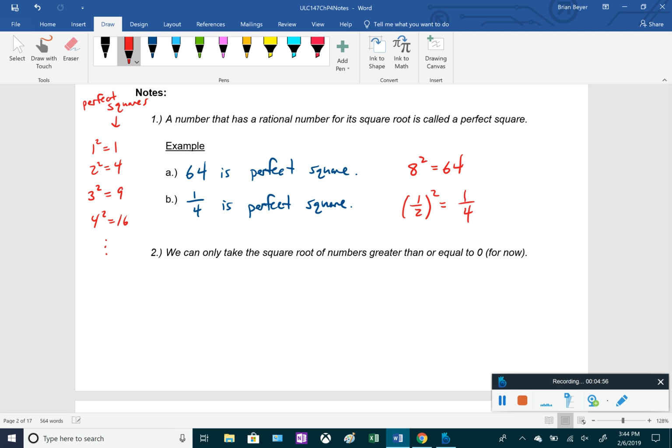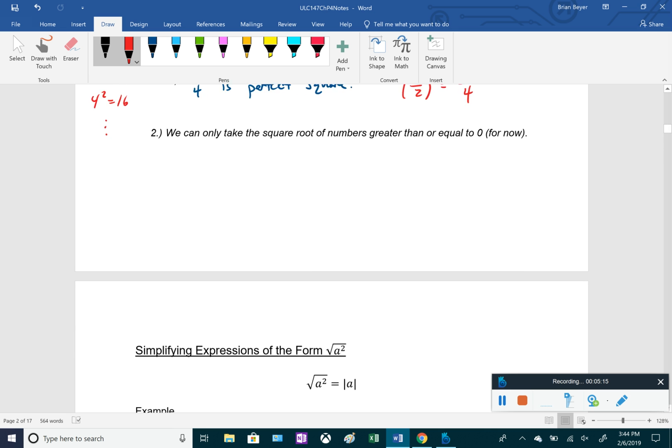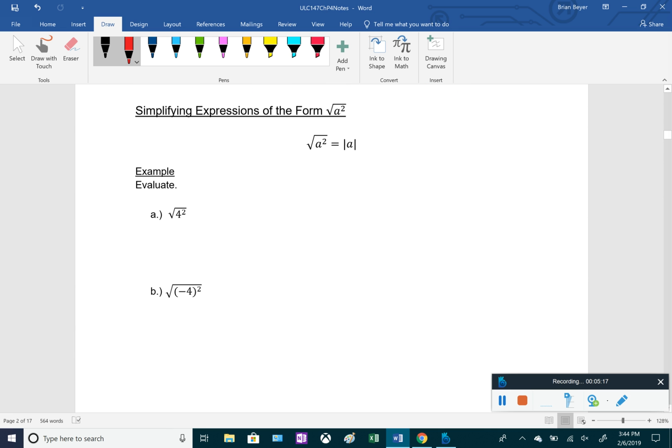So 1, 4, 9, 16, and so on are all perfect squares for whole numbers. For now, which will change in a couple chapters, we're only taking square roots of positive numbers or 0. So no negative radicands. That'll actually give us imaginary numbers. We'll worry about that later, though.